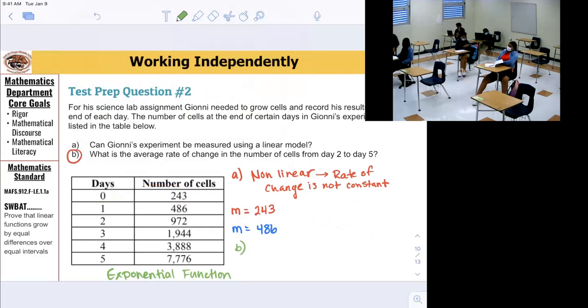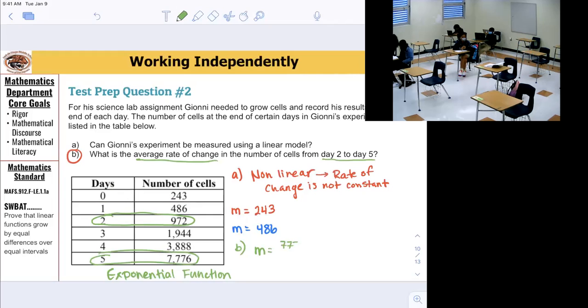In letter B, it's asking what is the average rate of change from day 2 to day 5? So I'm still going to use the rate of change formula, it's just that it's telling me which two points to look at. So I'm going to do the rate of change from 2 to 5. What's my y2 going to be? 7,776.